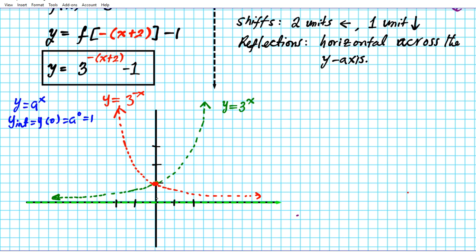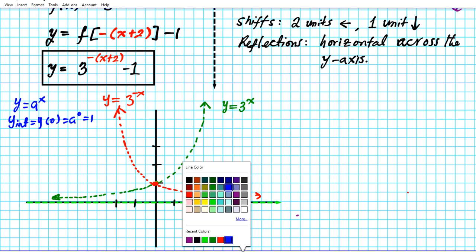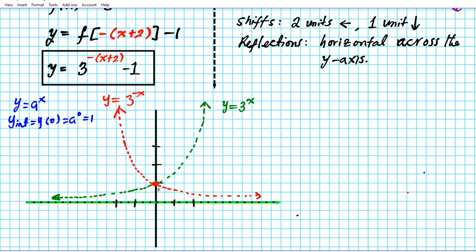So now what we're going to do is do the shifts. We're going to shift 2 units to the left. So we're going to shift this point and the horizontal asymptote 2 units to the left, and 1 unit down. Bam, it takes us right to the x-axis at the value of -2.